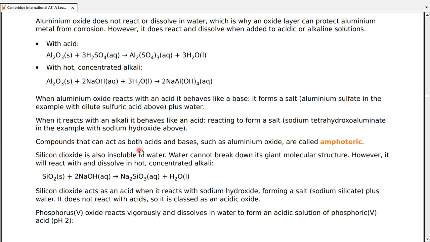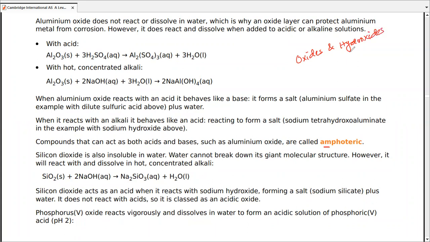So the compounds that act as both bases and acids are known as amphoteric. Let me tell you the examples for amphoteric systems, considered for both oxides and hydroxides.